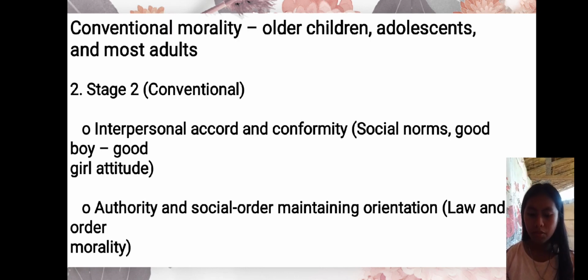Conventional morality. Older children, adolescents, and most adults. Stage 2, conventional. There are also two stages in conventional: Stage 3 and Stage 4. Interpersonal accord and conformity. Authority and social order maintaining orientation.